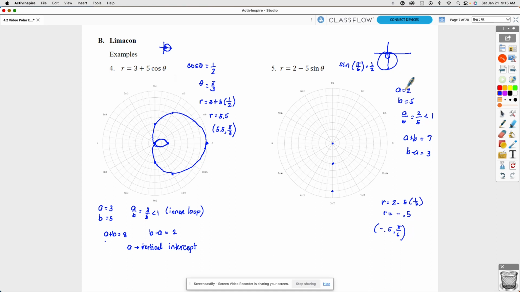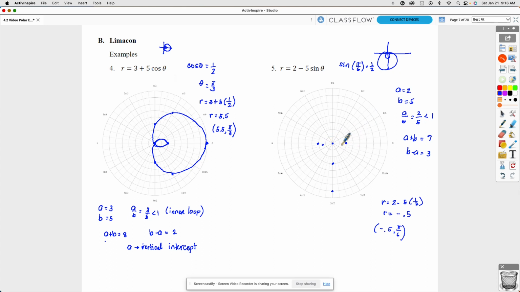Oh, the intercepts. The intercepts are at 2. So we count 2 units left and right. So 2 units, 2 units. And then when theta is pi over 6, this is our pi over 6. Negative 0.5 would be on the other side, somewhere here.